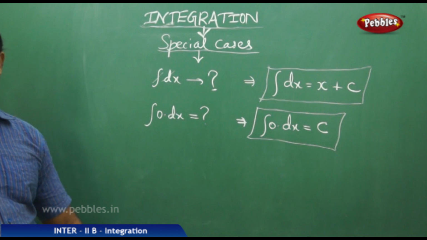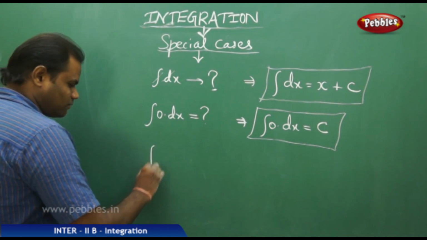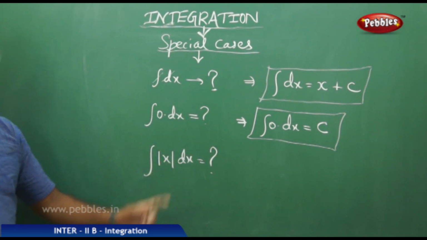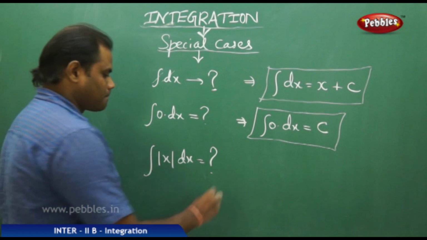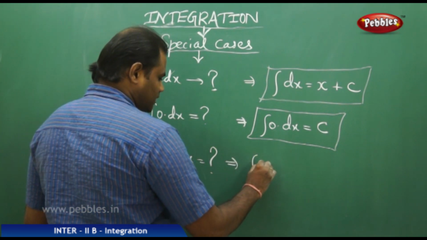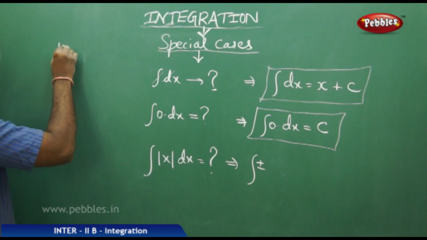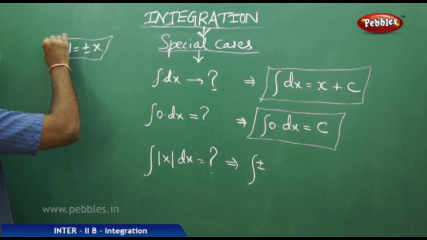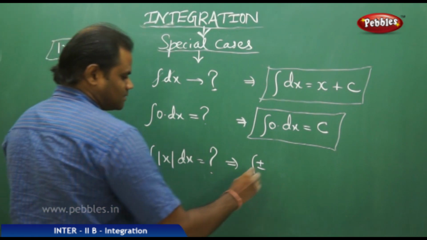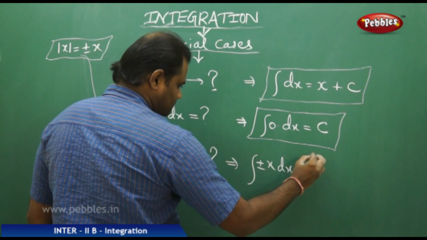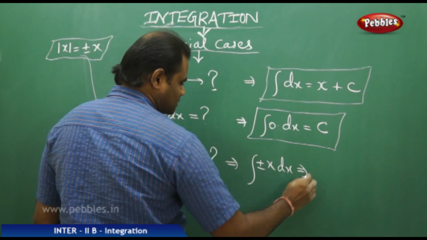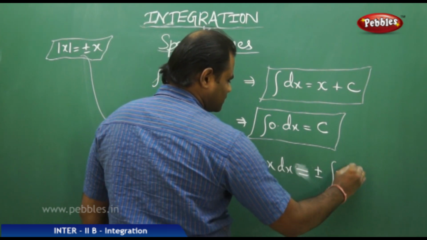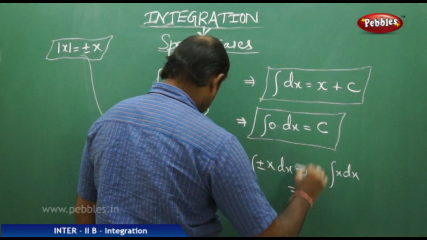Next, if I wanted to find integral of mod x dx, then what would be the value of integral mod x dx? Now that implies mod x is plus or minus x. Substituting for mod x, I get plus or minus x dx. That is equal to plus or minus integral x dx.